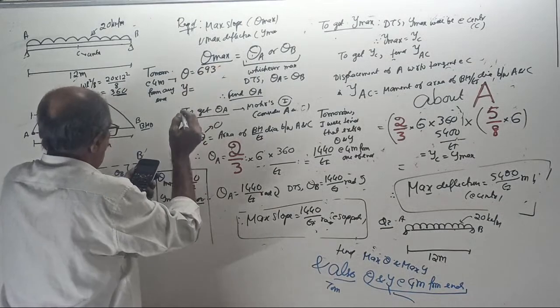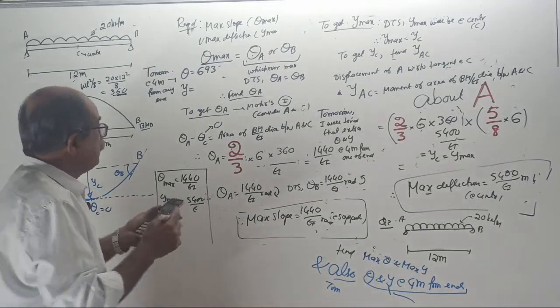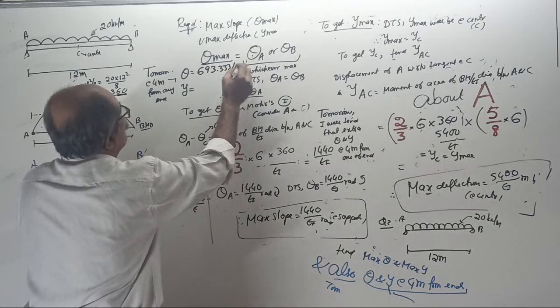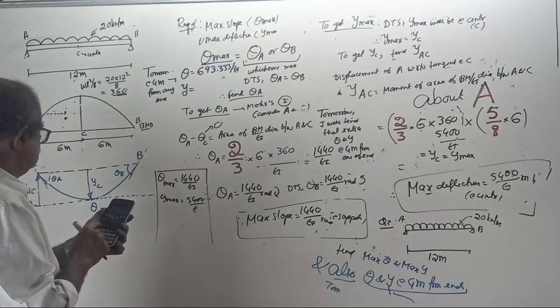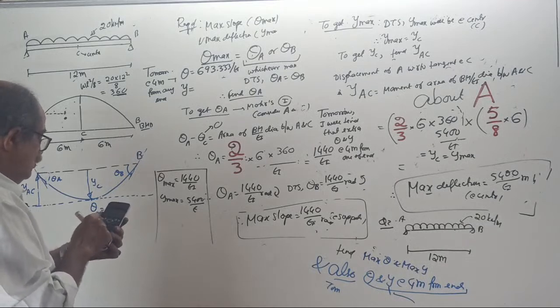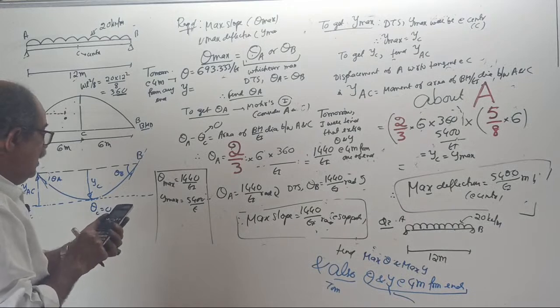693, or children, is coming. Okay. 693.333 by EI is the slope tomorrow. I will check once again. Correct.